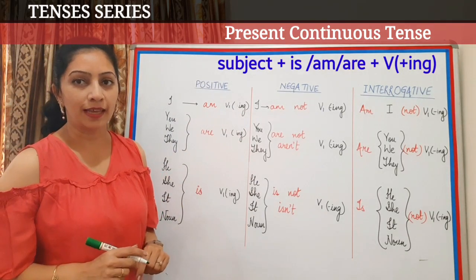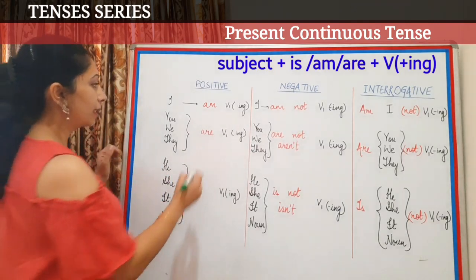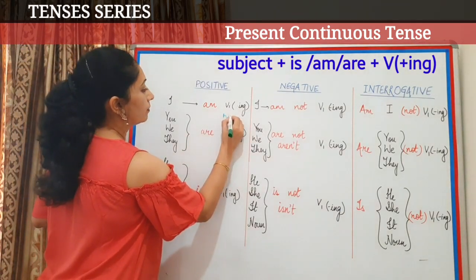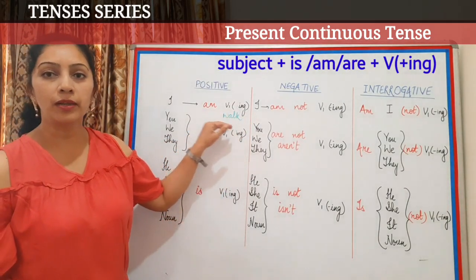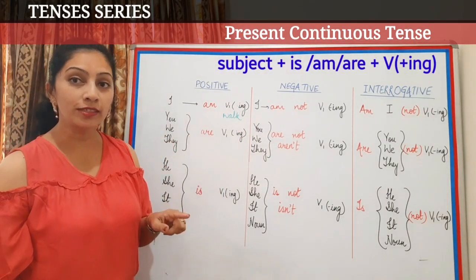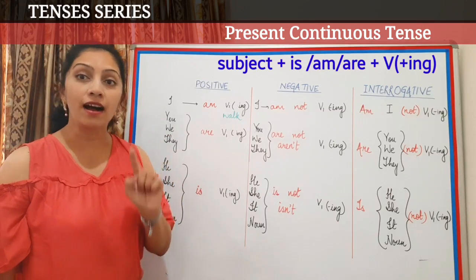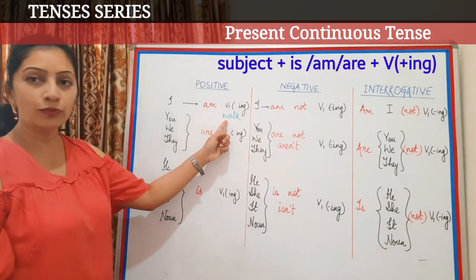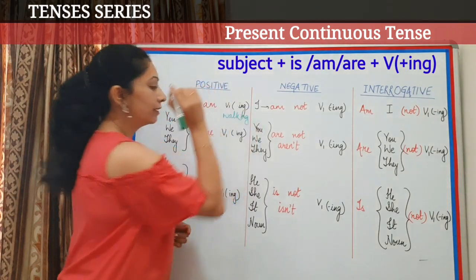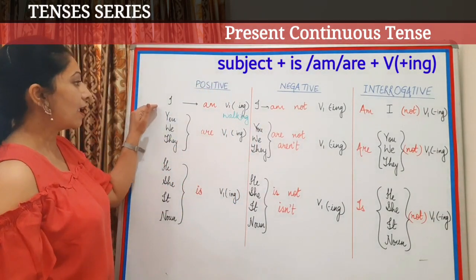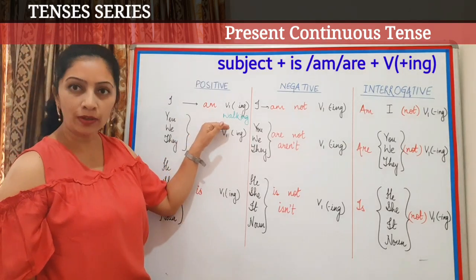Let's take an example, and today we'll take the verb walk. So if walk is my verb, then in continuous tense I have to make it in the ing form. So instead of walk, I will write here walking. Now the sentence becomes I am walking.